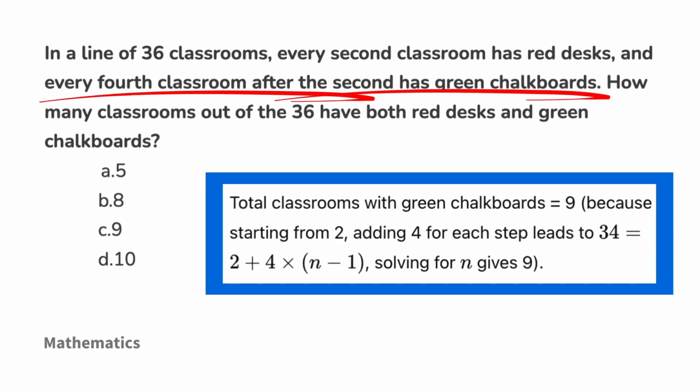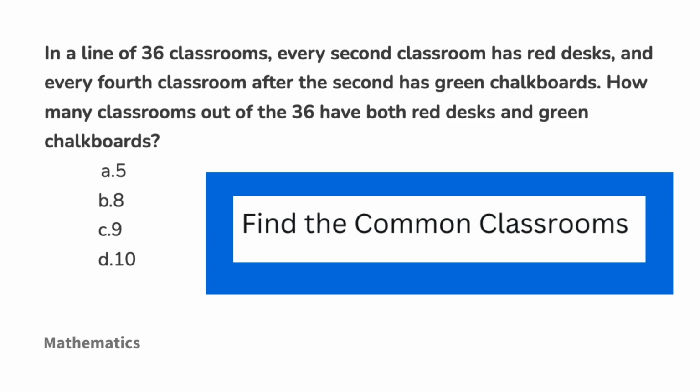All right, and this forms the sequence where we can see that we are adding 4, and now we need to find the common classrooms. So we have found the red desks, the green chalkboards. Now we need to find what's in common, because the question that we're solving for reads, how many classrooms out of the 36 have both red desks and green chalkboards?